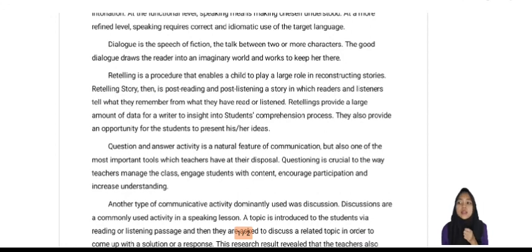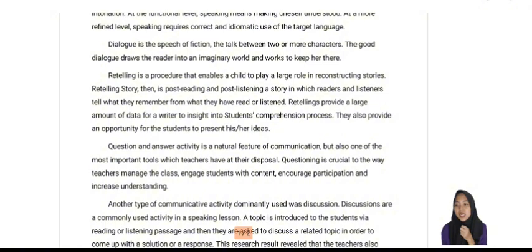Discussions are a commonly used activity in a speaking lesson. A topic is introduced to the students via a reading or listening passage, and then they are asked to discuss a related topic in order to come up with a solution or a response.